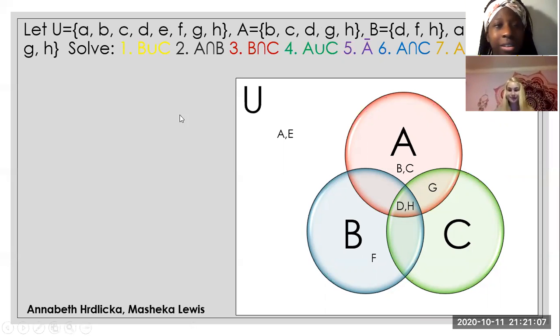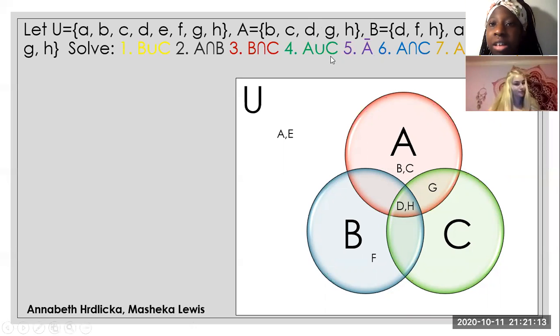Okay, you explained that perfectly. Thank you. Now we're solving for these. So, like I said, the symbols are important. So we're looking for B and or C. So all possibilities for B or C. So that's our first question. What goes in B or C?